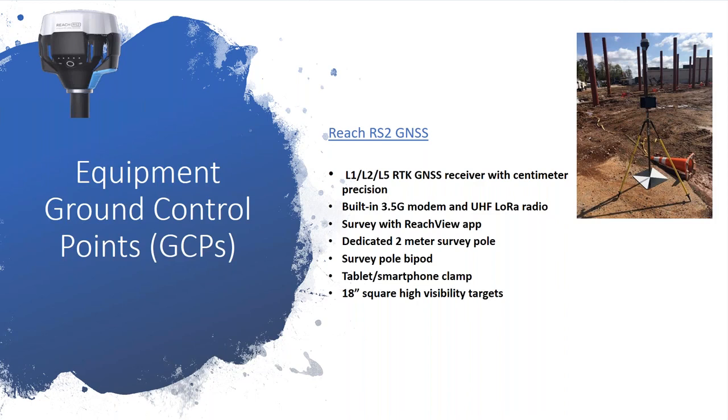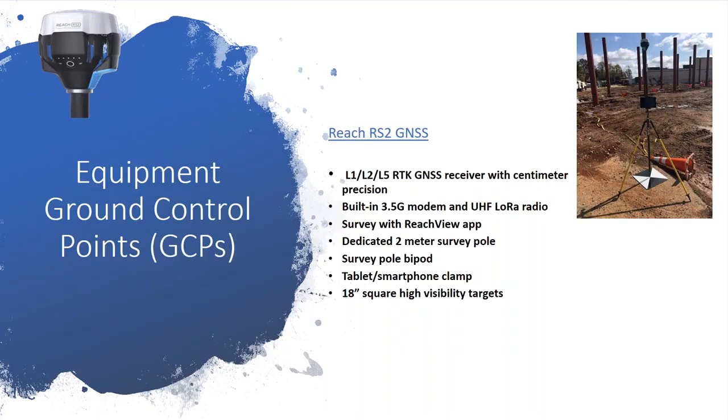I can get sub-centimeter accuracy on lat long and elevation. It's got a built-in 3.5G modem, but now we actually connect using a Wi-Fi modem that's a 4G, so we get better connection. And we use the Kentucky Core system for our triangulation.